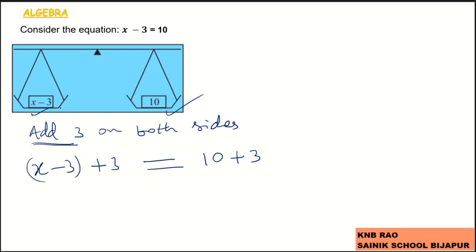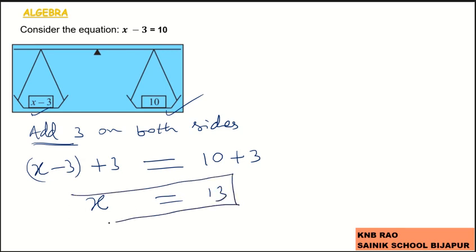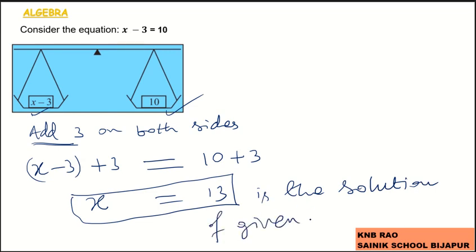Now, x minus 3 plus 3 makes the left side of the pan have only the variable x, whereas on the right side I get 10 plus 3 becoming 13. Thus, x equals 13 is the solution of the given equation.